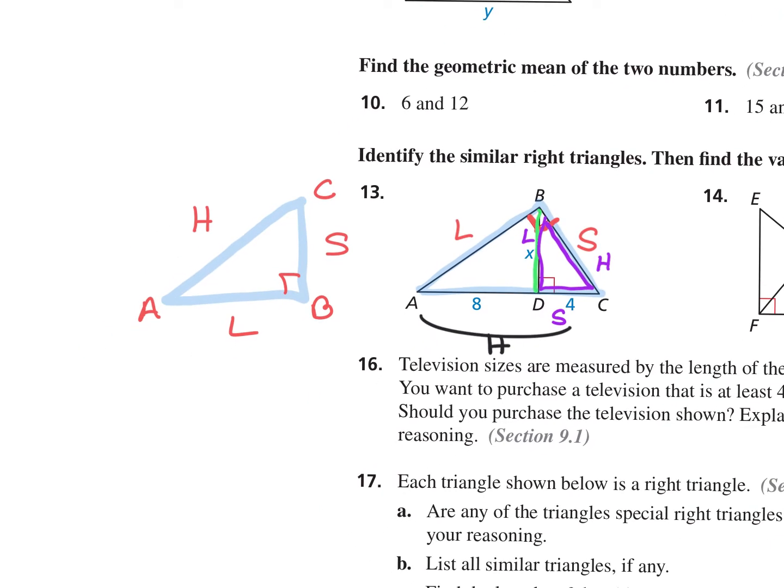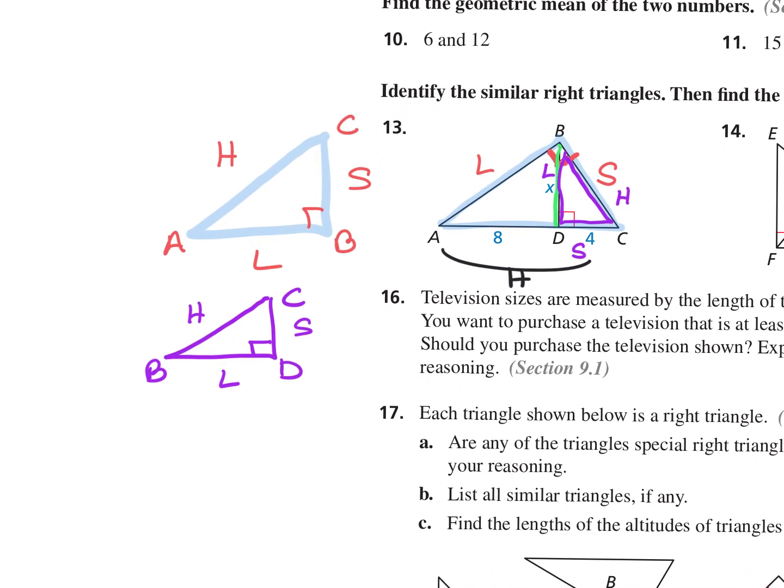So if I go to redraw this one, and again, try to face it in the same orientation. Now the right angle is at D. The shorter side is the CD, and then B would have been over here. So shorter leg, longer leg, hypotenuse. And then if I do the last one, let's do this one in pink.